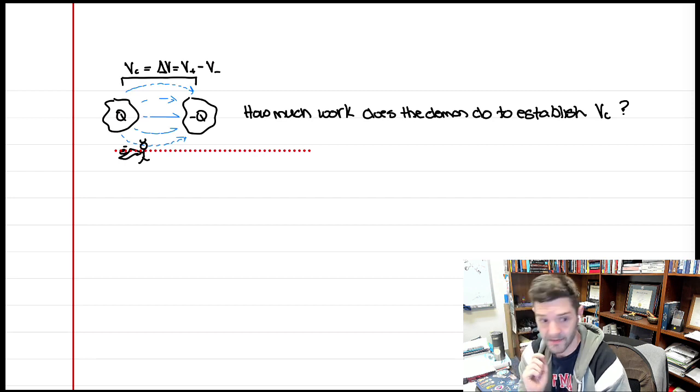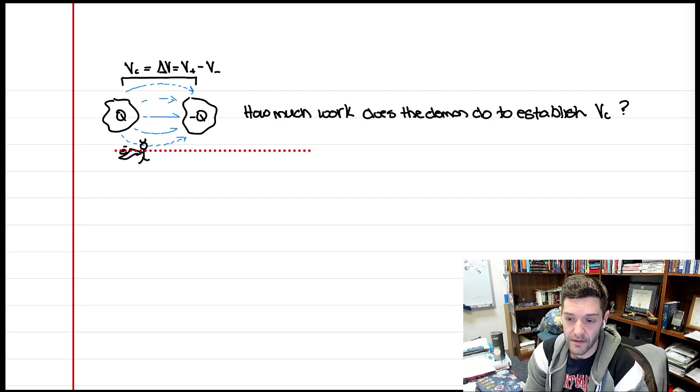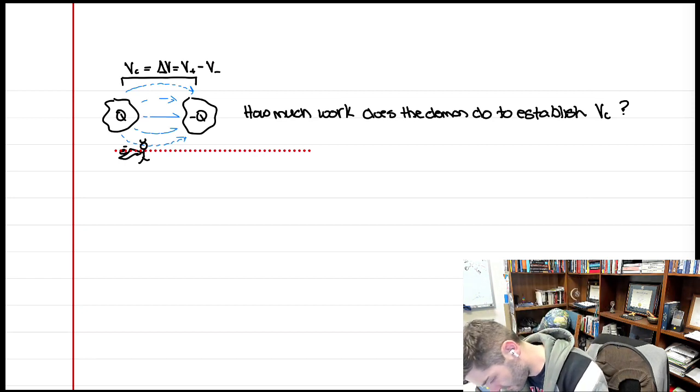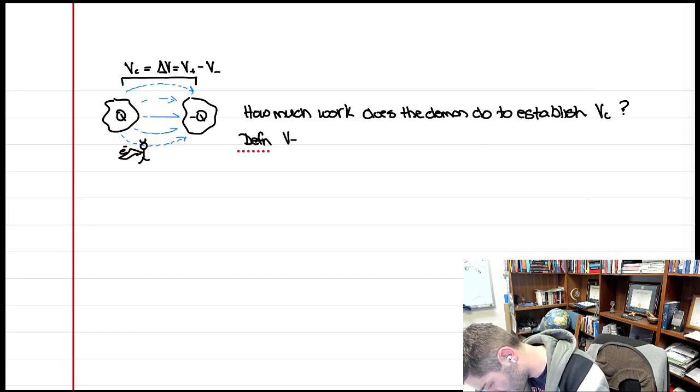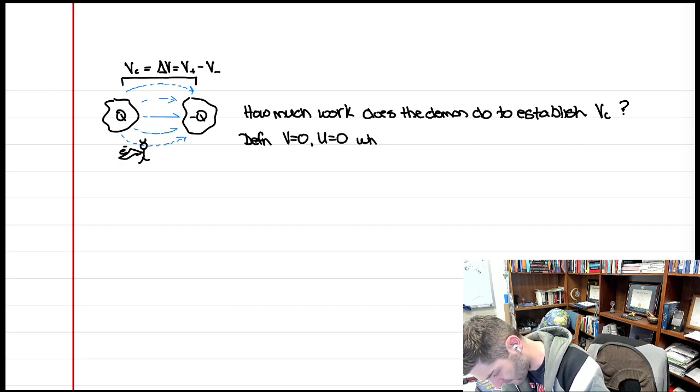And we're going to define the energy, the potential energy, to be 0 in V. So we're going to define or take V to be 0, or similarly the potential energy to be 0 when there is no excess charge.